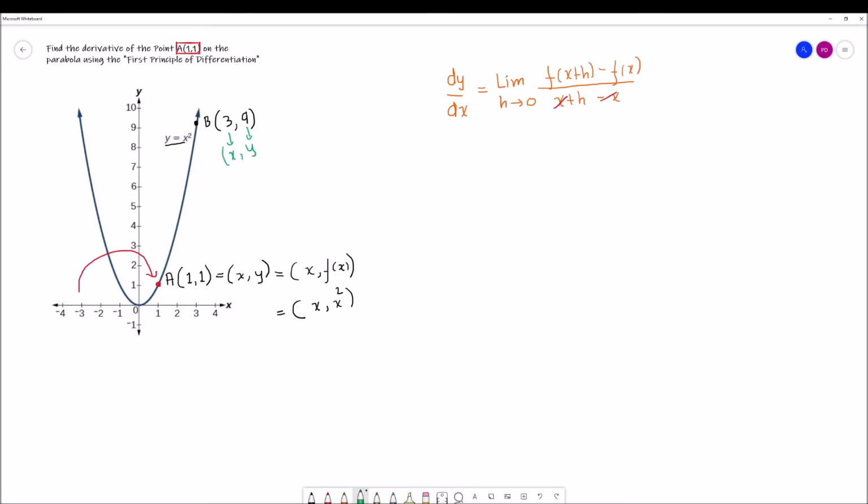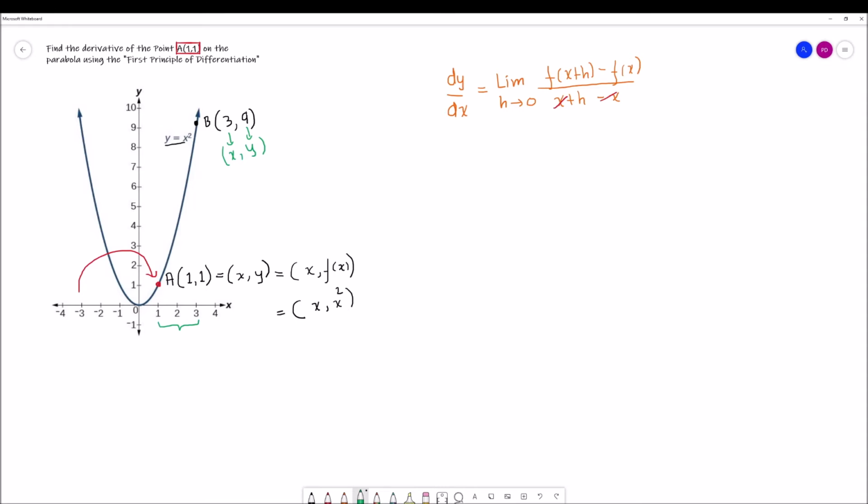That makes up a coordinate. Why do we need the second coordinate? Because if you don't know the second coordinate, you don't know your h. And if you don't know your h, how will you apply the concept of the limit as h approaches 0 to find the first derivative at this point of the curve? So that's why we need a second coordinate.